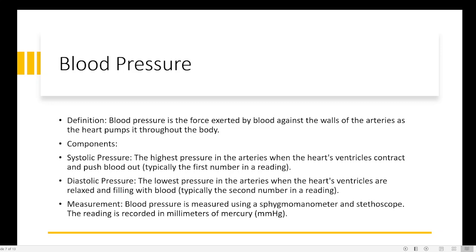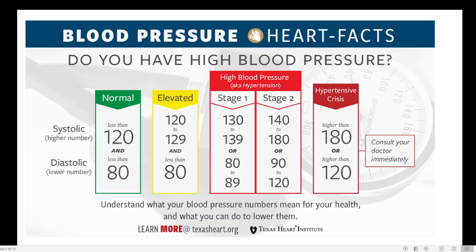And we will be getting a reading, especially in millimeters of mercury. That reading will normally be 120 for systolic and 80 mm of mercury for diastolic pressure. So that range of 120-80 is known as the blood pressure.